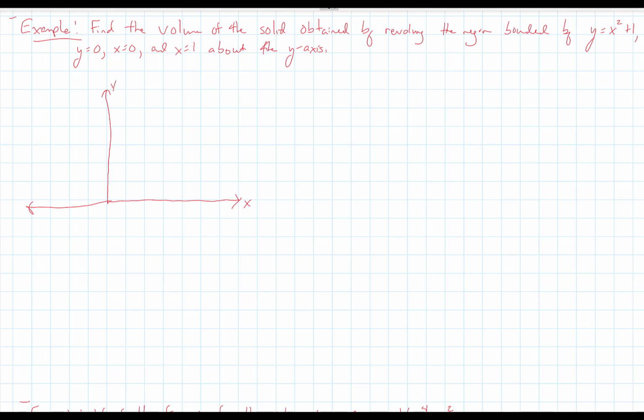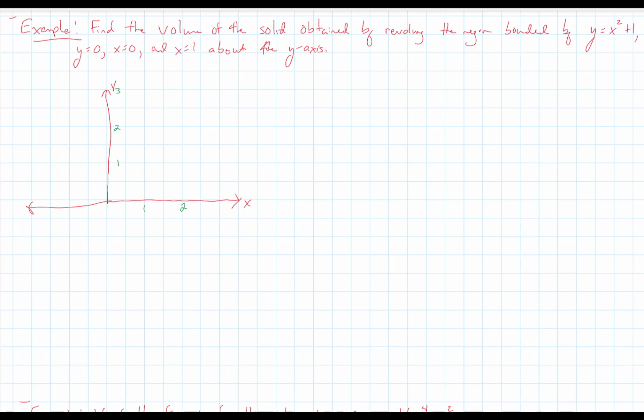And so if we draw in what our regions are, right? So we know we're bounded by y equals x squared plus 1. So I'm going to label this every 2, just to make it a little bit bigger.